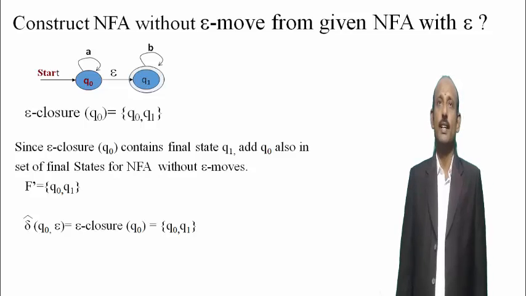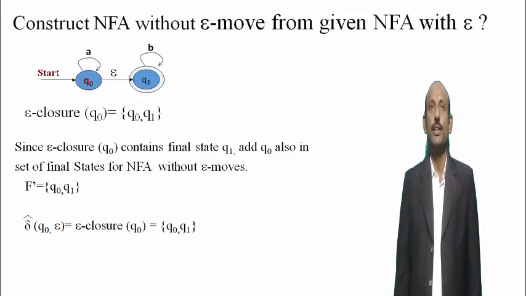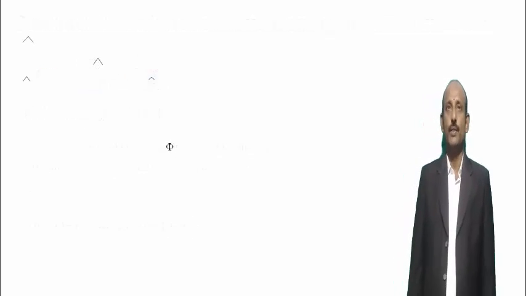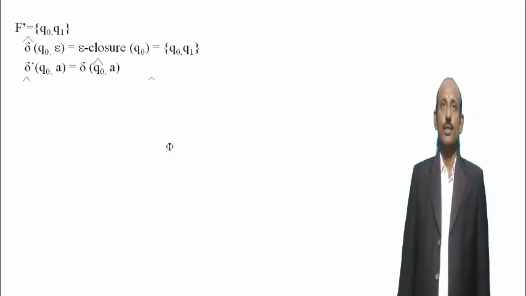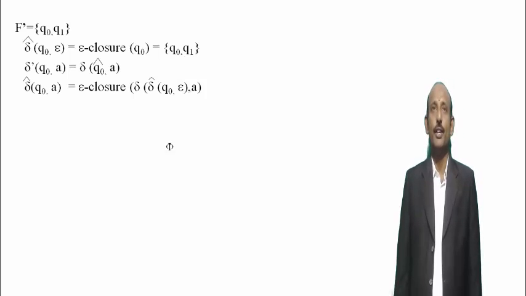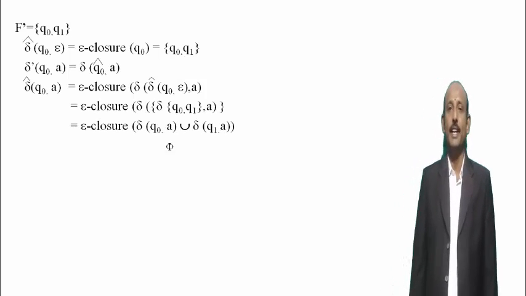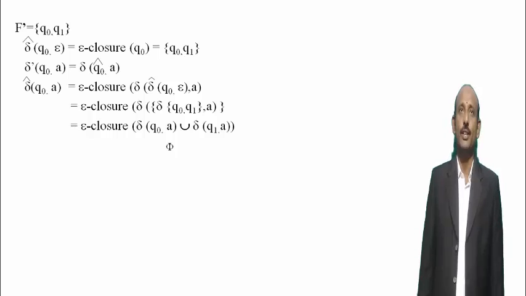Next we can go for applying the input to Q0 with epsilon. So we have to find the epsilon closure of Q0 on epsilon, which gives Q0, Q1. So first we have to apply the input A from the state Q0.